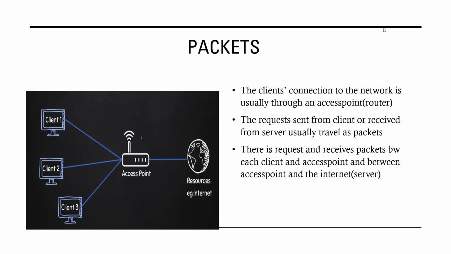Remember I said we can have a normal access point, which is a wireless access point, or we can have what? In this case, I want to use a router, which is also a wireless router, doing the job of access point and also doing the routing. So the request sent from the client or received from the server usually travels as packets.